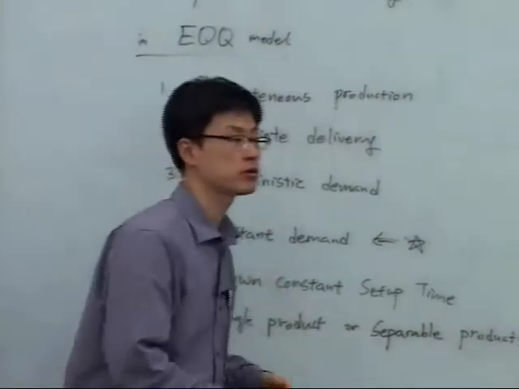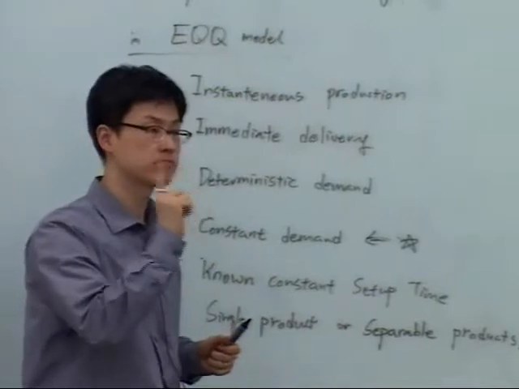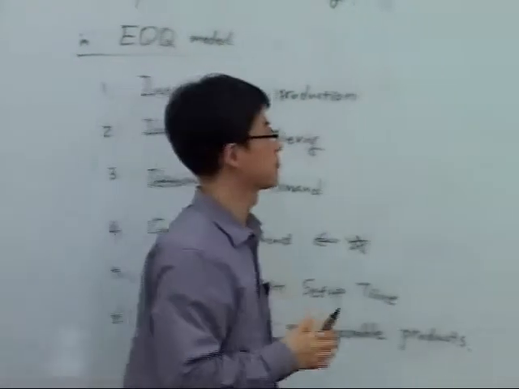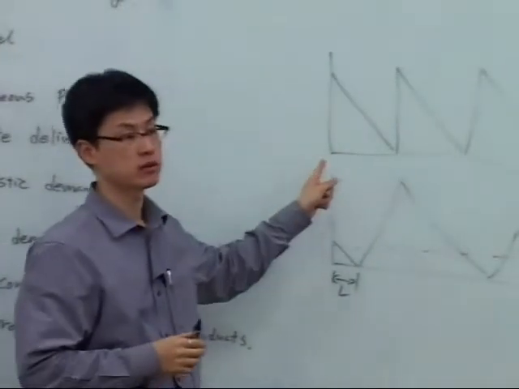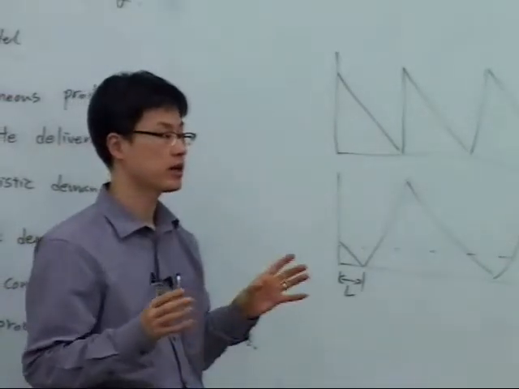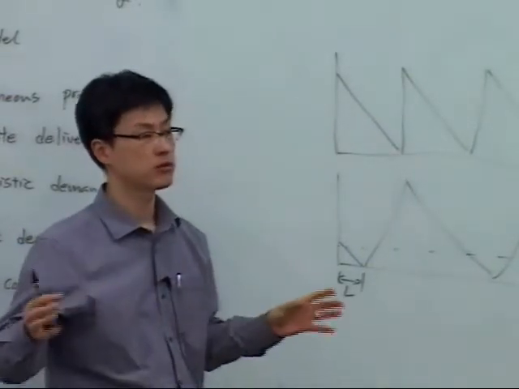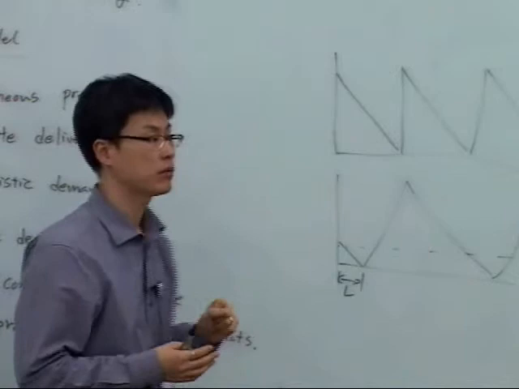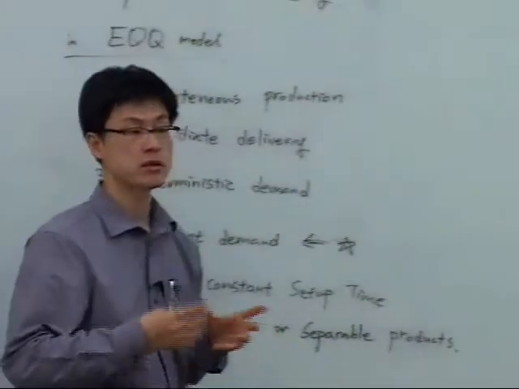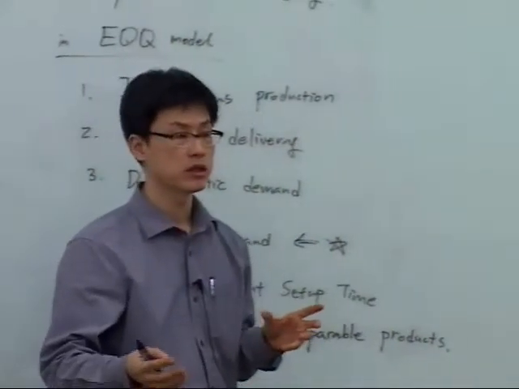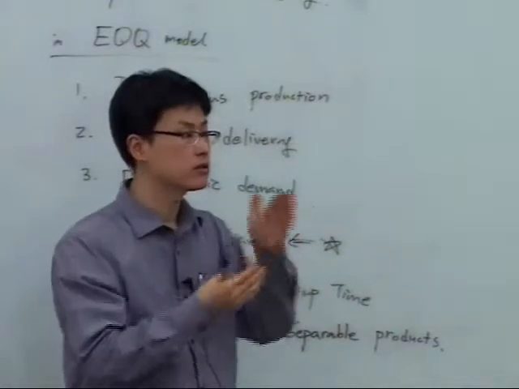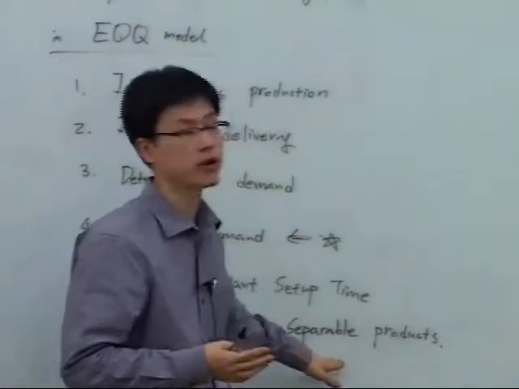In our EOQ model, we are dealing with only one type of product. We are not thinking of several types of product at the same time. Or even though we are producing several products, these products are not interrelated with each other. They are separable.